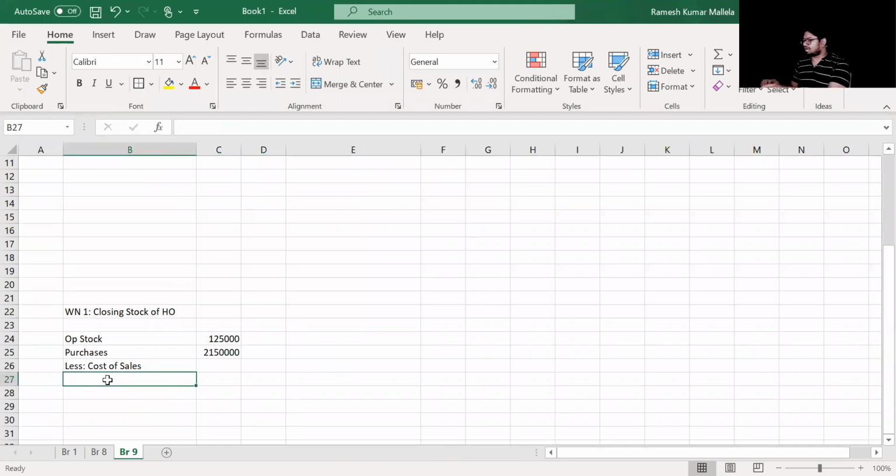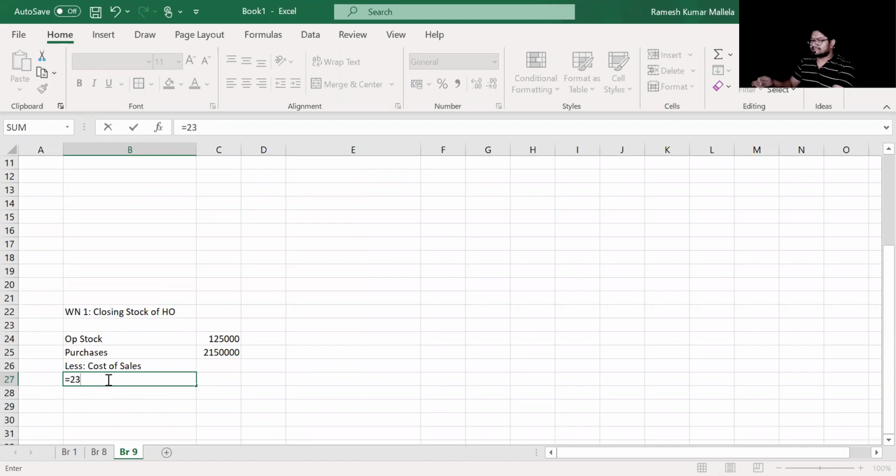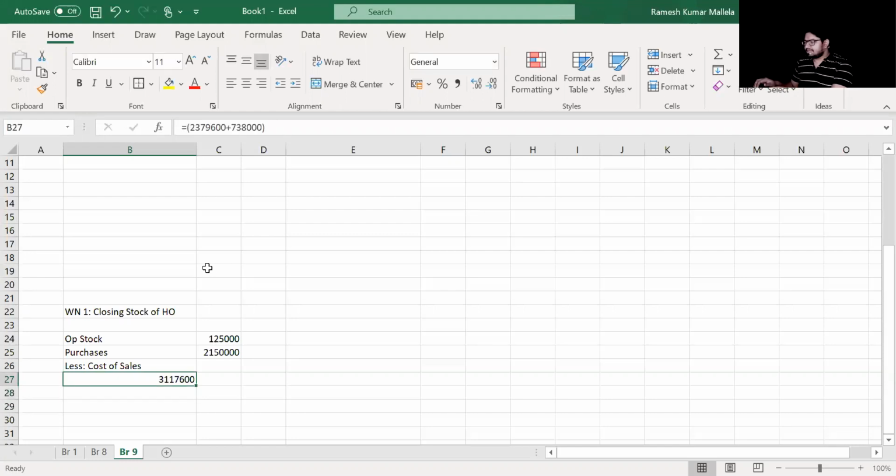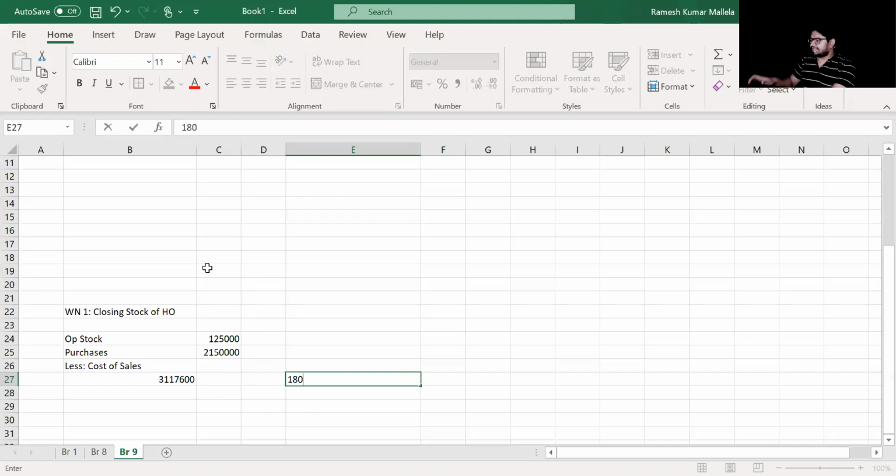So let us see, the total sales made is actually 23,79,600 plus 7,38,000. These two together, I want the cost of these values. Now, if you observe, this is basically 180. This is basically 180.